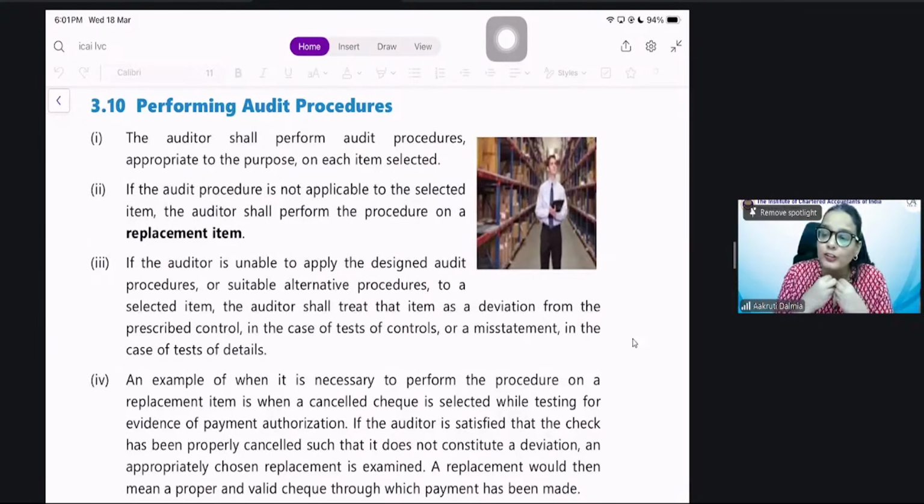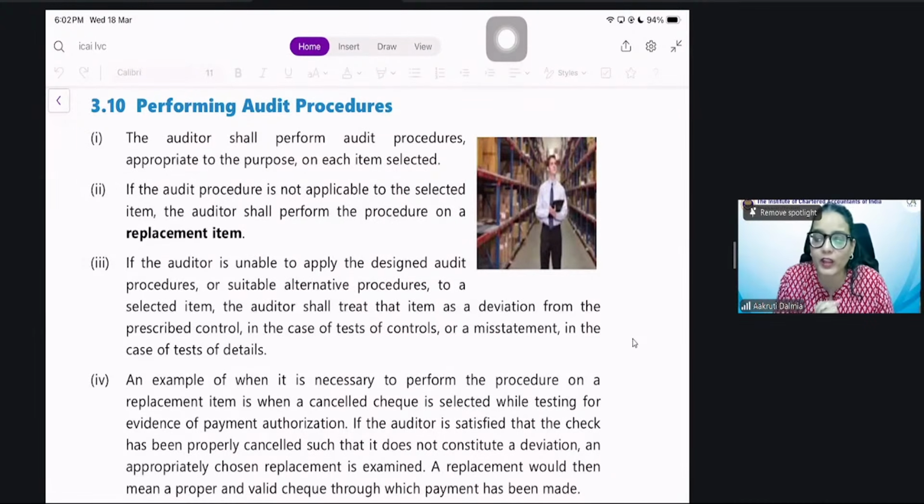For a good sample, it is important that the population is appropriate, complete, and reliable. All these points we did. We also did different methods you can use to do sampling: random sampling, interval or systematic sampling, monetary unit sampling, block sampling, and haphazard sampling. All these points were also completed.